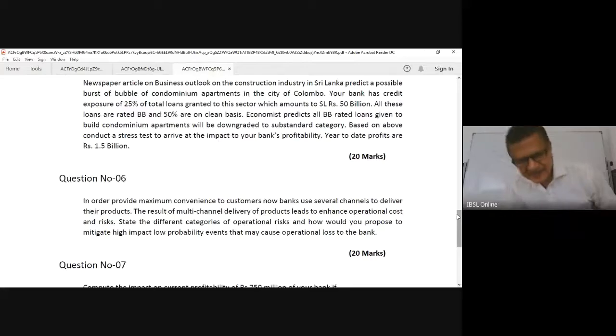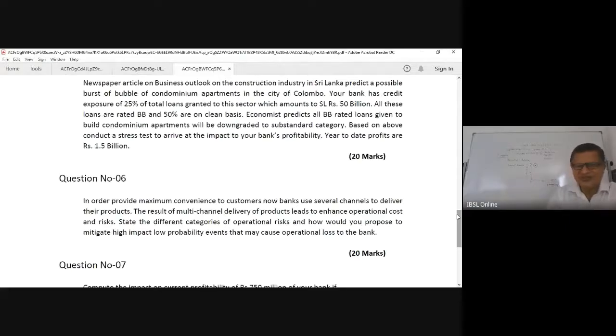Now I can give an example. First you have to remember, high impact means your loss is great. The amount of money the bank is going to lose is very high if this event occurs. But it won't occur on a day-to-day basis.